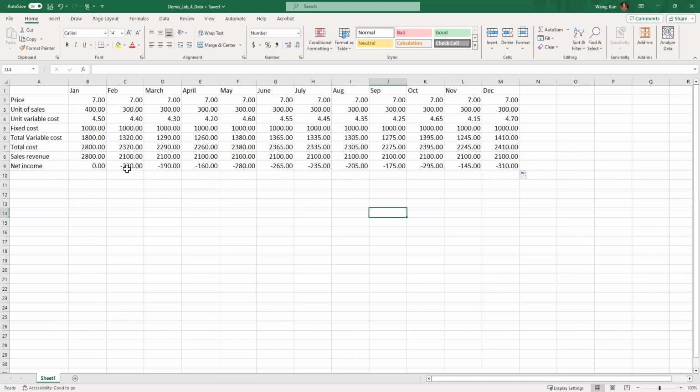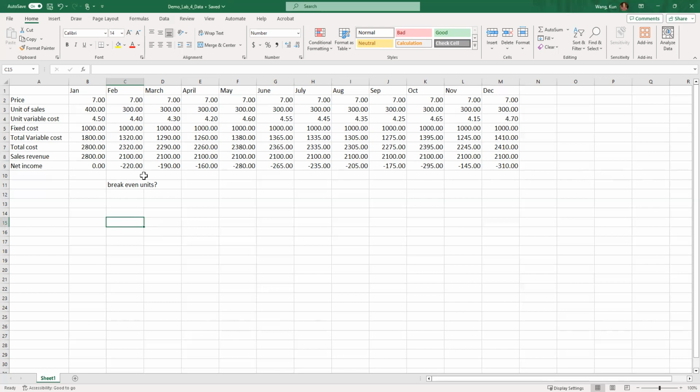If the manager asks how many units of sales we need to break even in February, we can do this. Certainly you can use the formula, like writing on paper to solve a question in Accounting 232, but here we can use Excel to quickly find the break-even units.